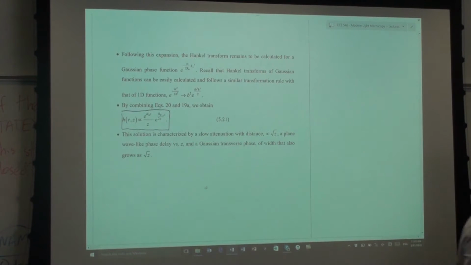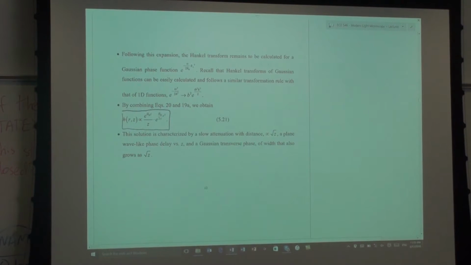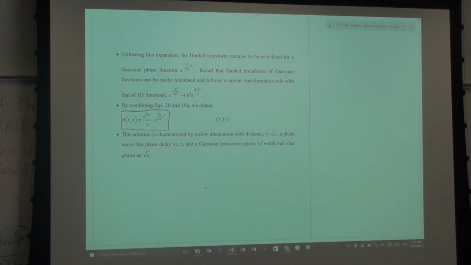Now, how do you get a perfect Gaussian beam in real life? Right.